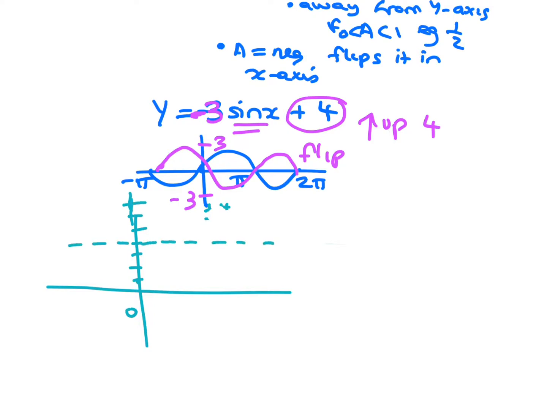There it is there. Okay, so we're doing this same pink graph here, except we're going to be here, and it's going to go like that, and that's your 2 pi, your pi, and minus pi. Okay, so because it went up 4, put a 4 there.